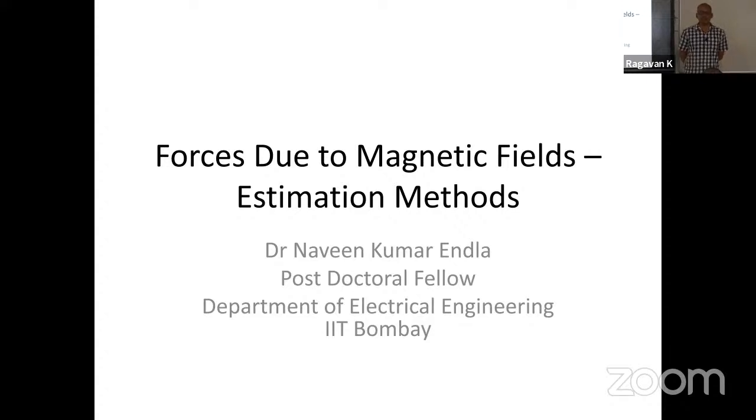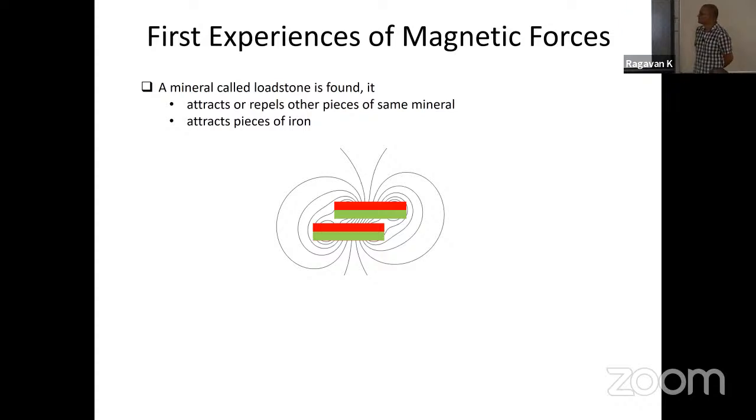Towards the end, I hope you will be able to extend the idea that we have seen through the presentation, and accept that it is also true for machines. It is very interesting how the field of electromagnetics has evolved: what the earlier scientists who discovered the initial experiences with magnetic fields observed, and finally where we are.